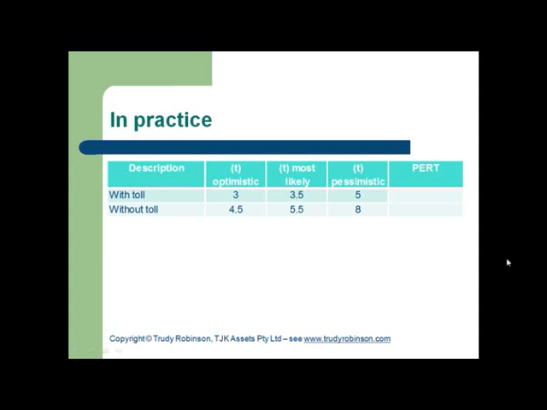It's more likely to take 3.5 hours, and the most pessimistic is 5 hours. Without the toll, we know that the optimistic is about 4.5 hours, the most likely is 5.5 hours, but there's more likely to be impact from accidents, delays in the traffic, etc. So the pessimistic is 8 hours.